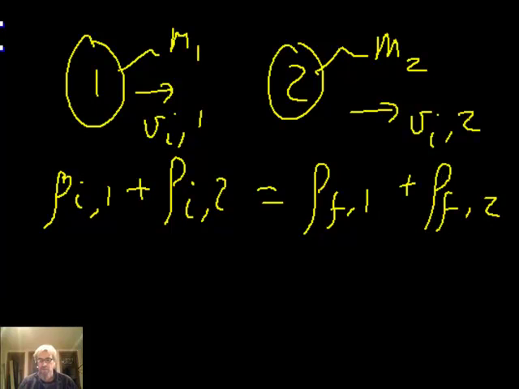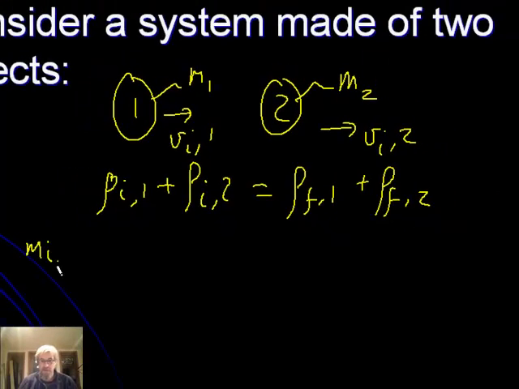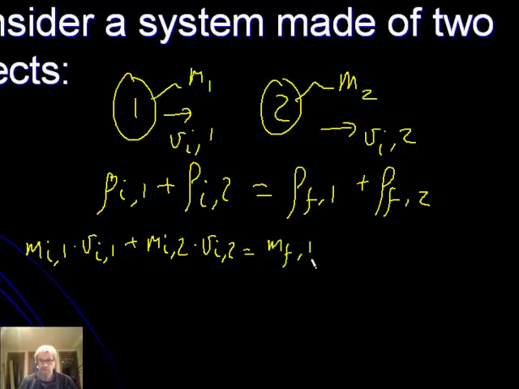Or, using the terms that define momentum, initial mass of object 1 times the initial velocity for object 1 plus the initial mass for object 2 times the initial velocity for object 2 would have to be equal to the final mass for object 1 times the final velocity for object 1 plus the final mass for object 2 times the final velocity for object 2.